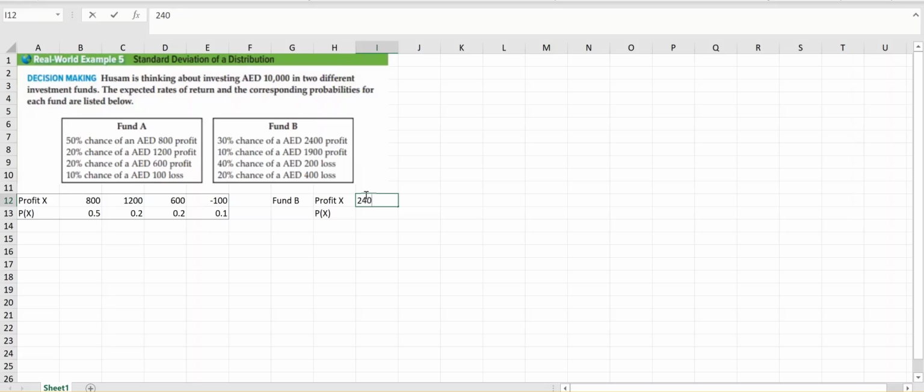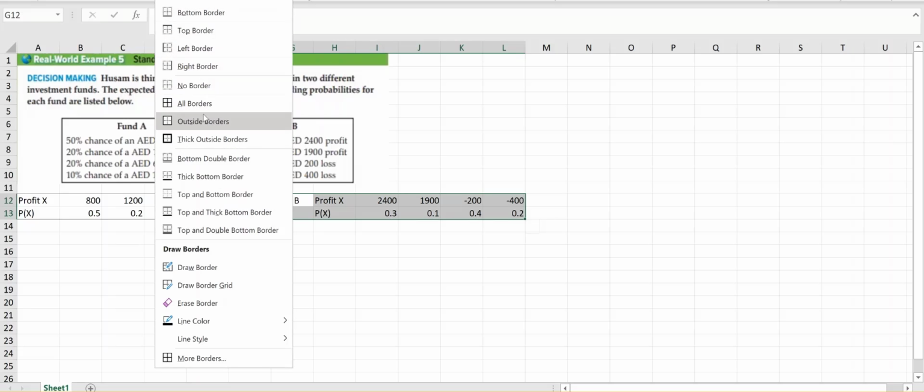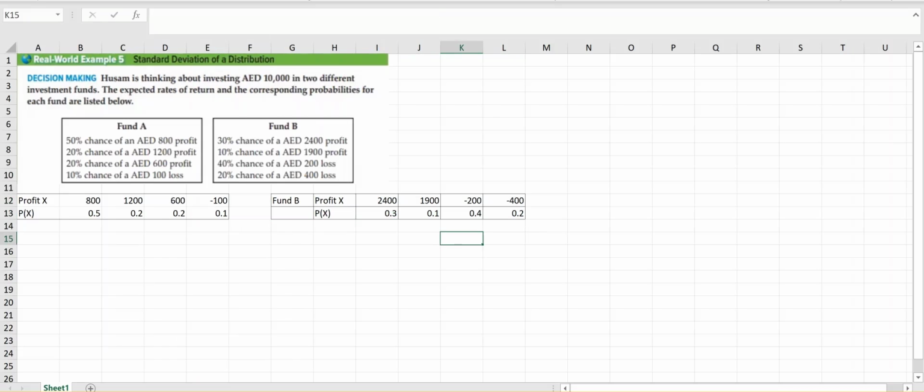We've got 2,400, and this is 0.30. Then we have 1,900 and 0.10. Now a loss, so it's minus 200, and this is 40%, so 0.40. And then we have a minus 400 loss, so this is 0.20. Put this in our table, so that has got all borders.